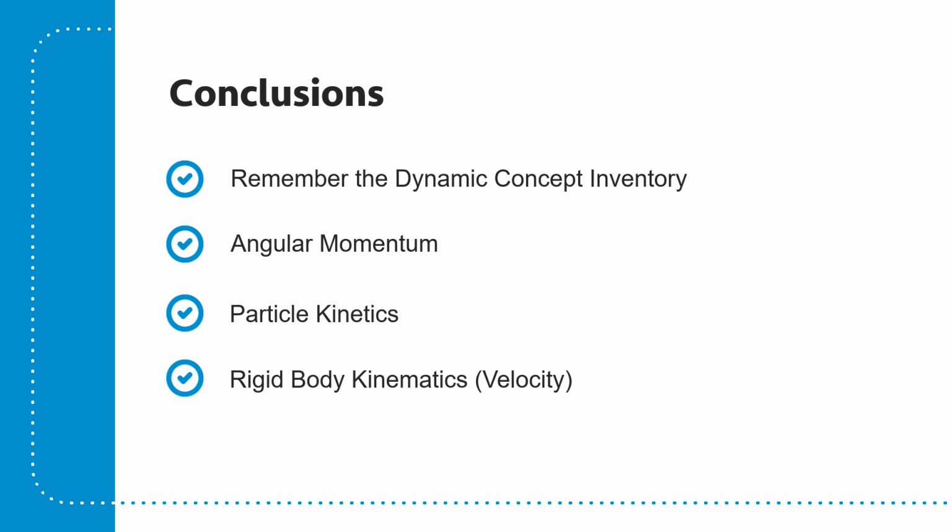So you do have to spend a lot of time to really think about it and, if you can, go back over the lecture and the lecture notes on that particular concept. Particle kinetics, rigid body kinematics is really where everything went with this. So as much as possible, try to look at these exams from that perspective. Thank you very much, and I'll talk with you later.